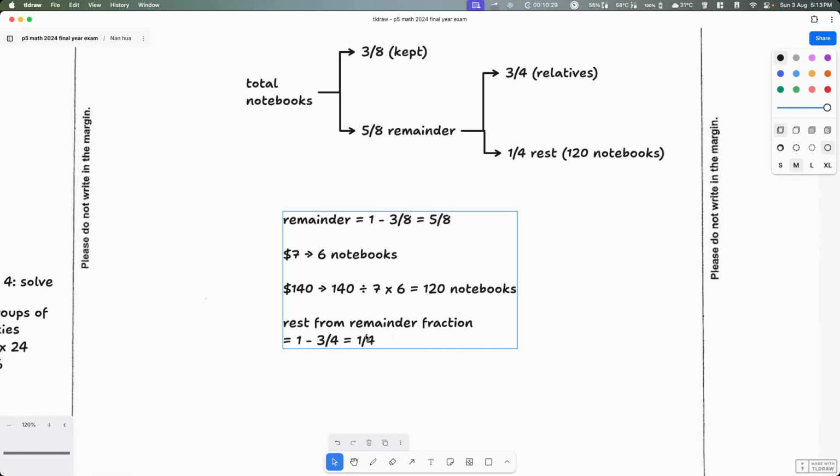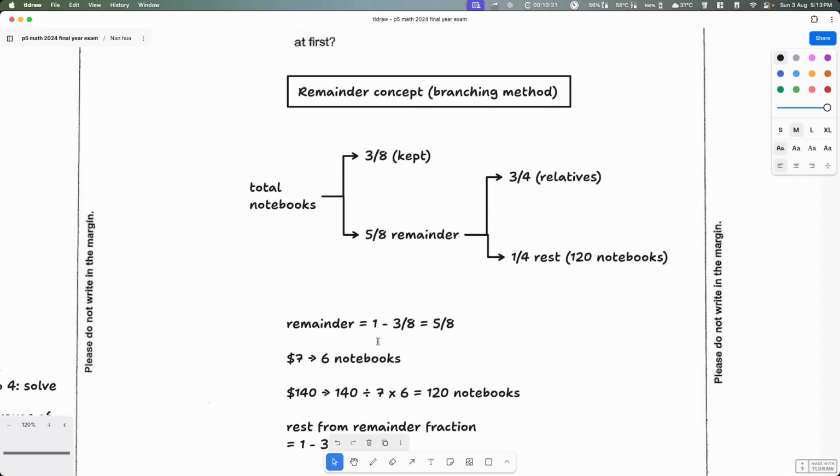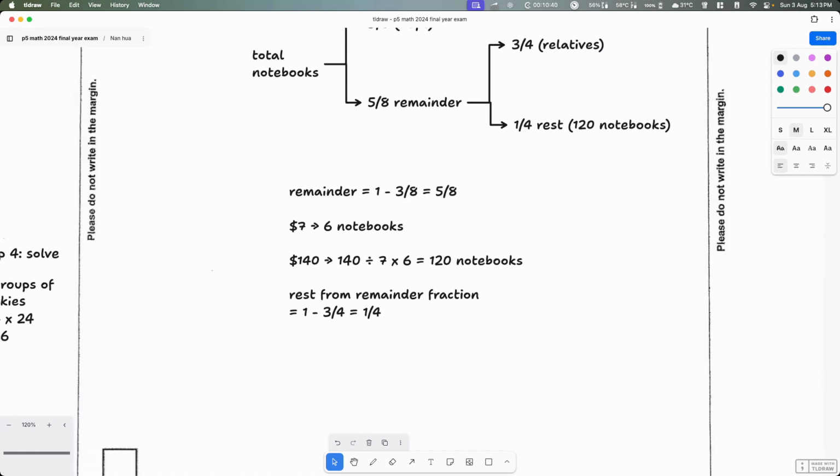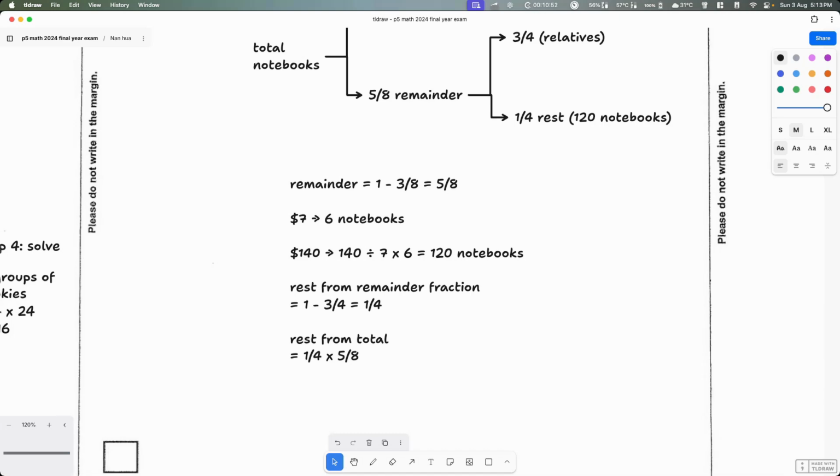There are many ways you can do this, but the easiest, I would say, is to multiply. The rest from the total is equal to 1/4 times 5/8.